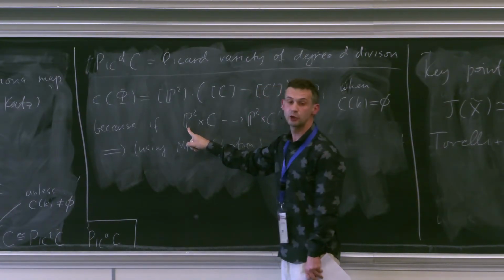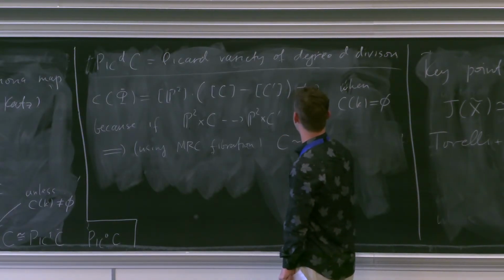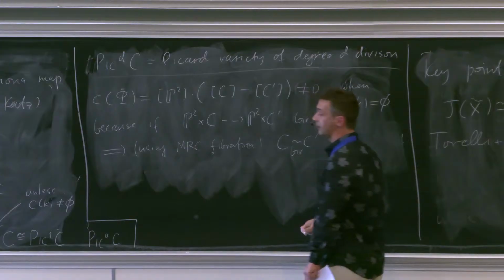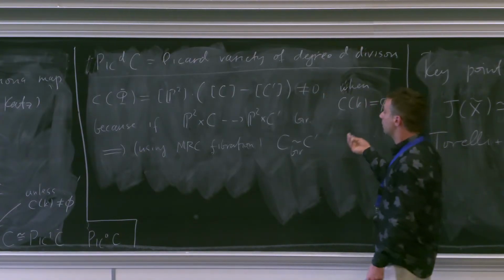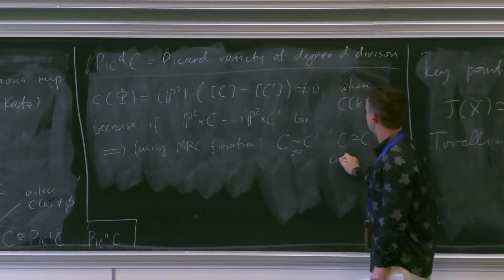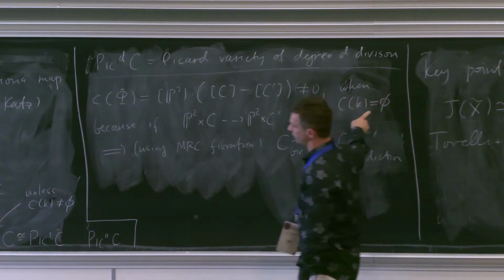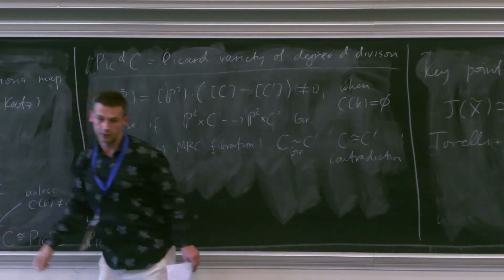The one which contracts all the rational curves you want to get rid of. You get C is birational to C prime. But this is, of course, not the case, because if they were, they're smooth projective curves, they would have to be isomorphic. But it's a contradiction under this assumption, because they are not isomorphic here.